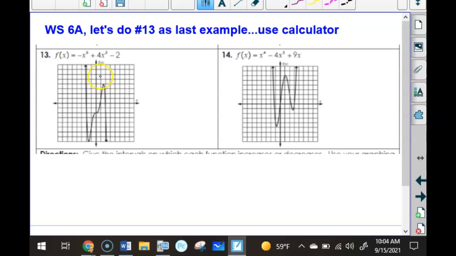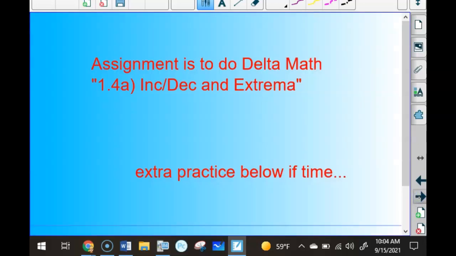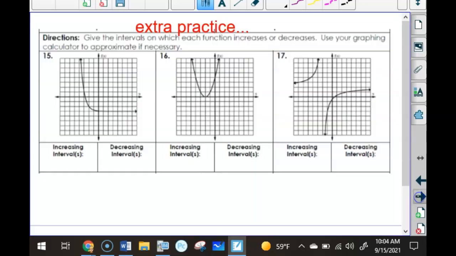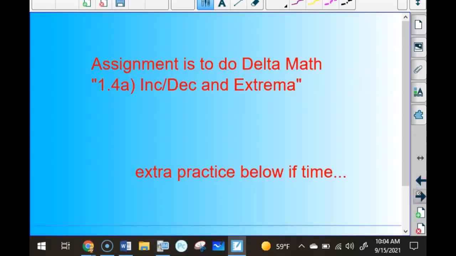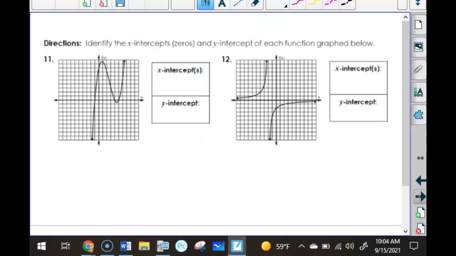So, you know what? Let's just leave this example till tomorrow. I have some extra practice. Do we need extra practice or you got this? Anybody? I could do another something.